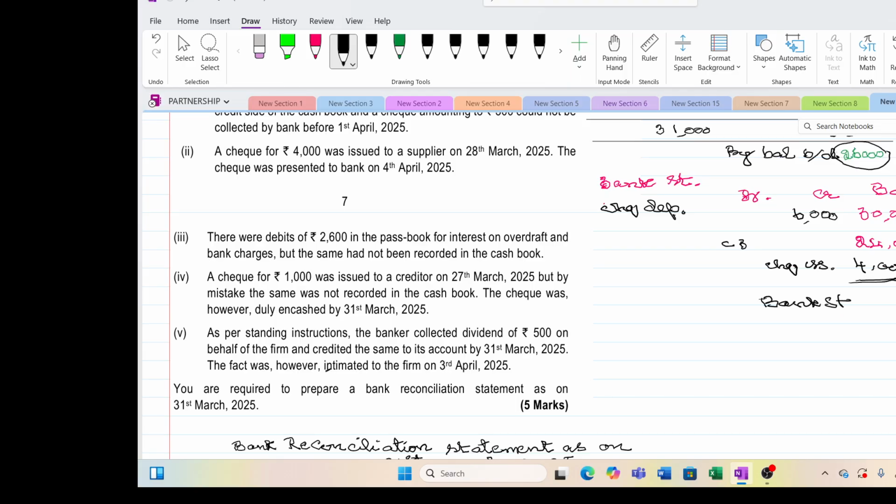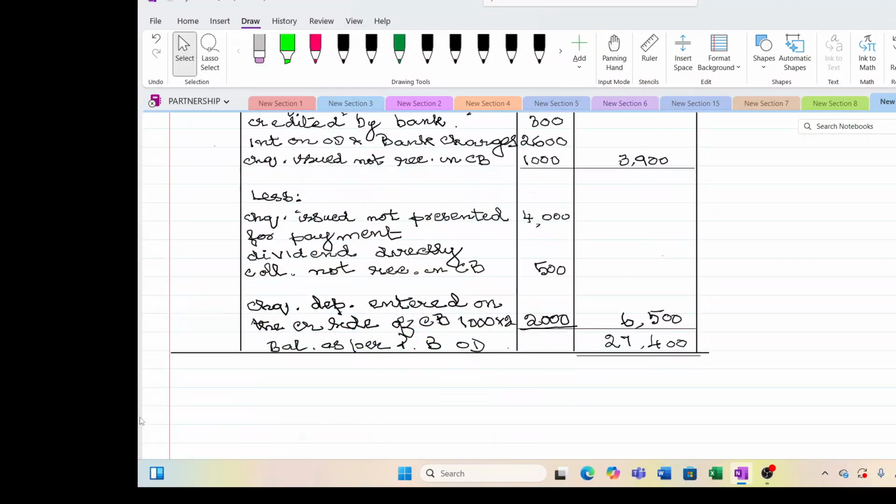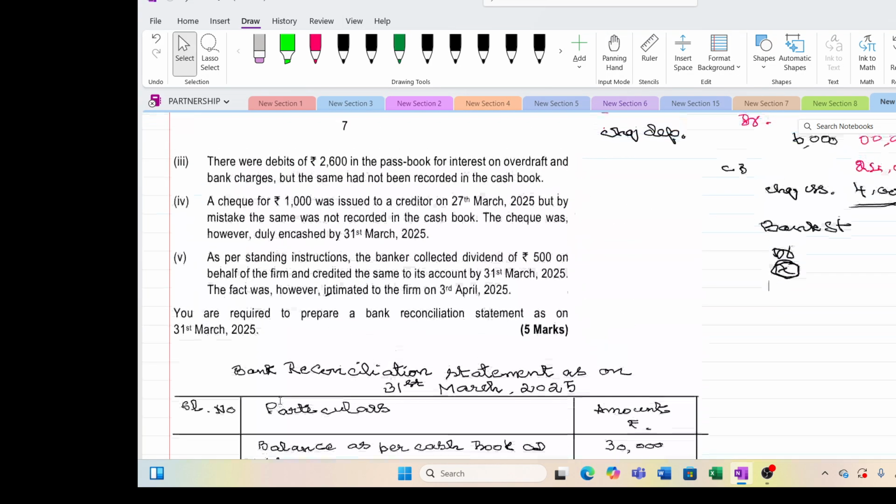The moment they debit, then only our overdraft will go up in the bank also. But here in the cash book, the overdraft has gone up, increased by 4,000. But in the bank statement, it is not increased. So the overdraft is less by 4,000 rupees. So take it here, check issued but not presented for payment 4,000.